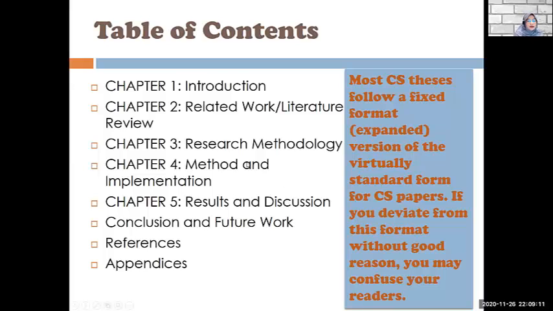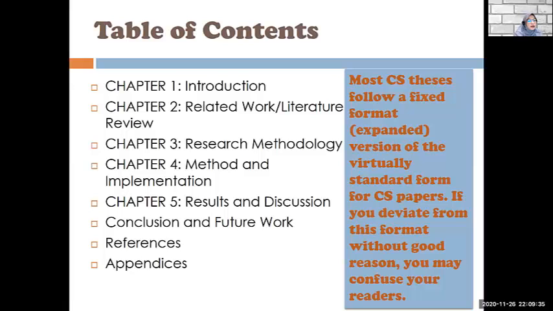So chapter 1 is introduction. Chapter 2 is related work or literature review. In chapter 3, you tell about your research methodology. Some theses don't have a research methodology chapter, but usually in UKM, many supervisors or examiners ask to have a research methodology chapter.